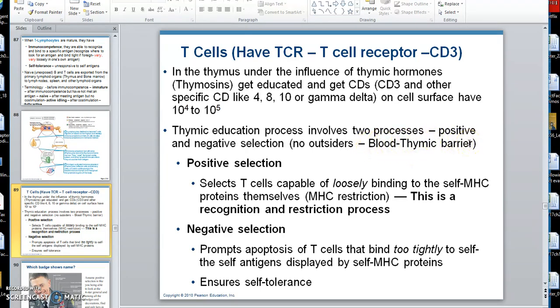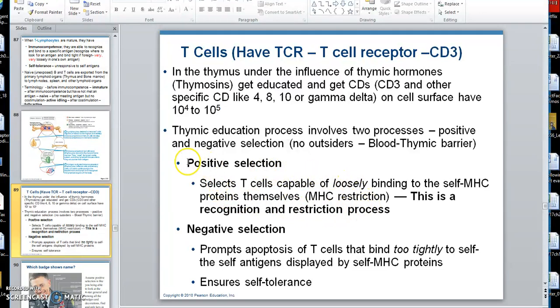No foreign substances should get in while it's being educated, because if a foreign substance got in, the T cell that's being educated might think that's part of you and ignore it, and from that day forward, always ignore it. So you only want the cells of the thymus in there.